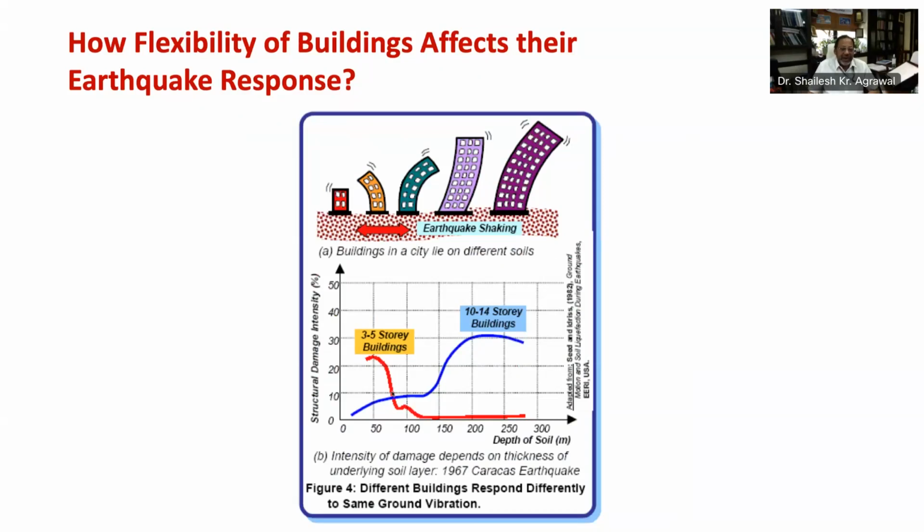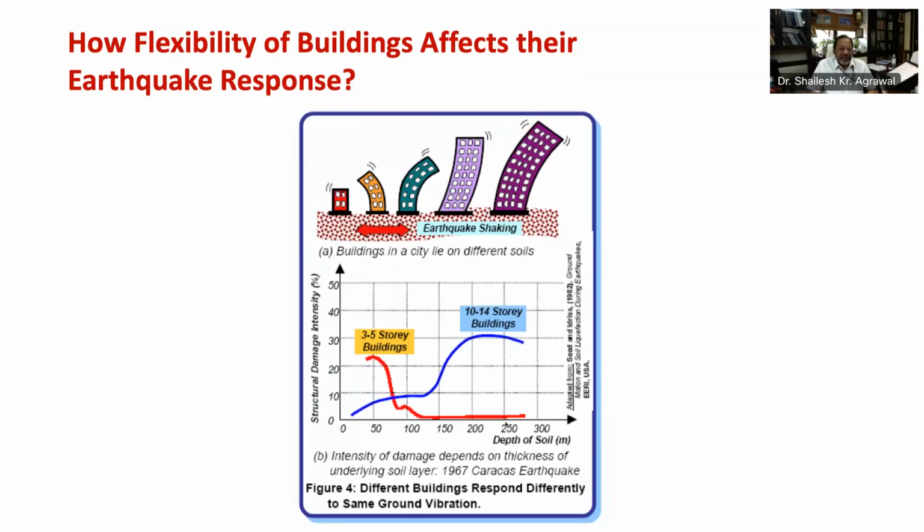On the other hand, damage intensity was just the reverse in case of 10 to 40-story buildings. The damage intensity was more when the soil cover was in the range of 150 to 300 meters and small for lower thickness of soil cover.